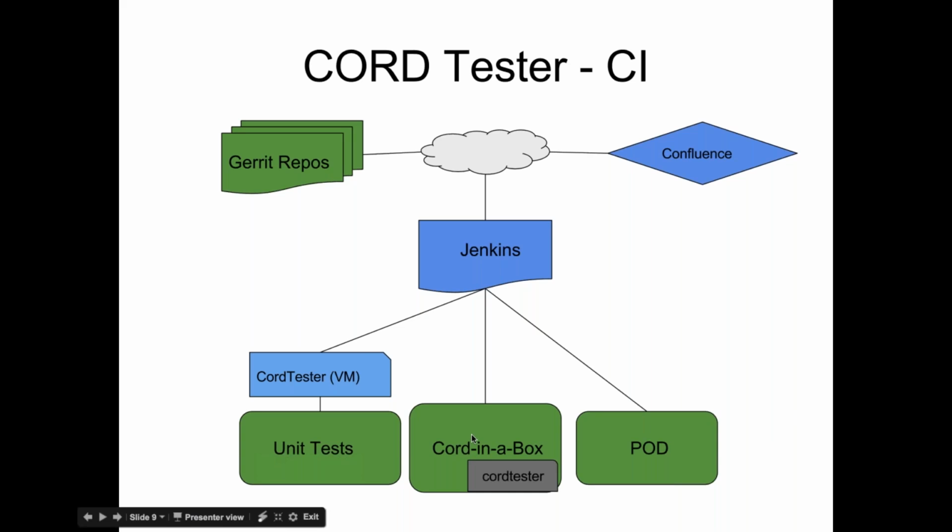We have some tests that build CORD-in-a-Box, install CORD-in-a-Box, and then there are some regression test cases that are run and validated after installation of a CIAB on that node, whatever we specify.